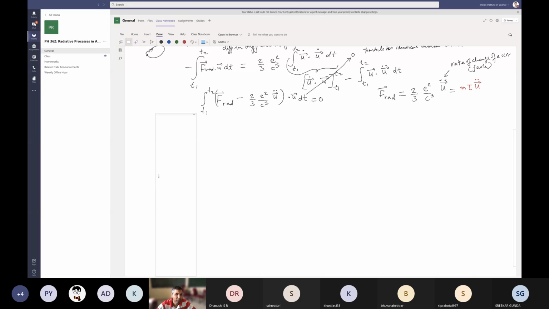This is not the most satisfying derivation, but it is more like a physical argument. This is ultimately what we need, and it cannot be interpreted in an instantaneous sense. It is sort of like an average force, because we made these assumptions, and we essentially got it out of an energy argument.